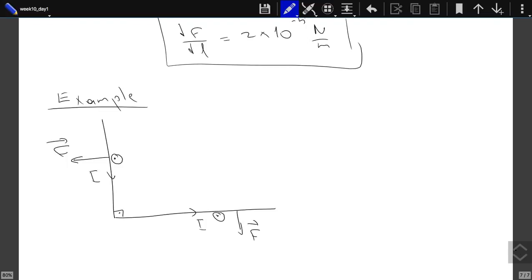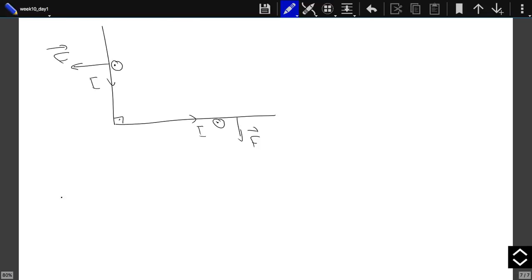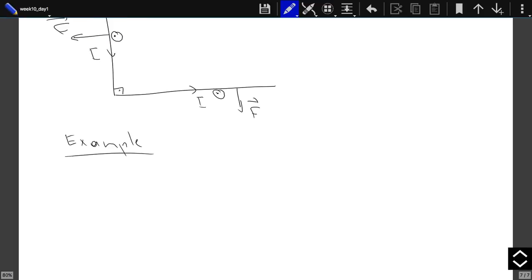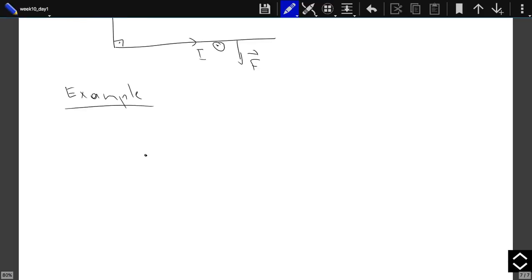Let's go back to a different problem. Well, it's related. This moves with a velocity v, this moves with a velocity v prime.